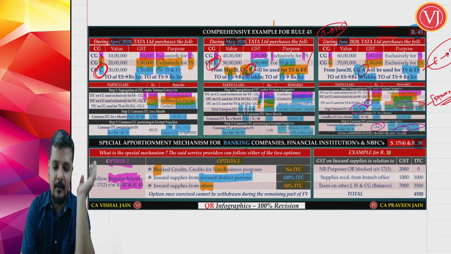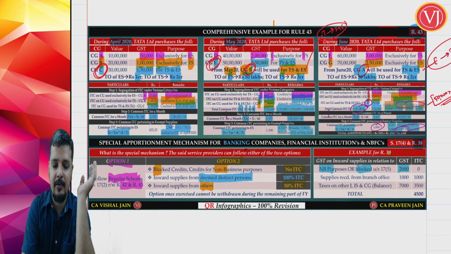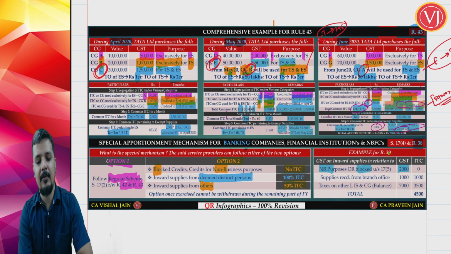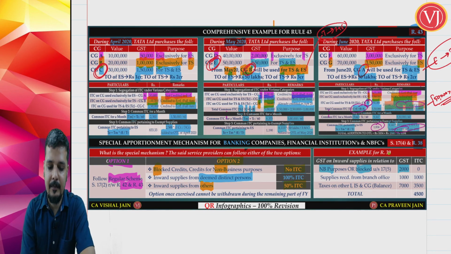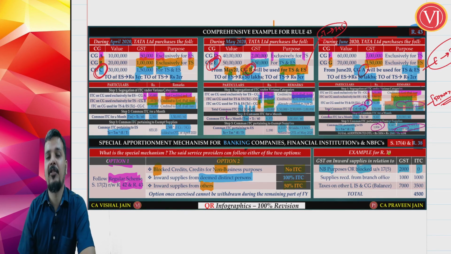Let us see one example of this rule 38. If there is an inward supply where it is blocked or non-business purposes, 2000 is the GST portion. If it is blocked or non-business purposes, no credit, 0 rupees credit. If it is branch to branch, distinct persons, then it is full credit, 100%.